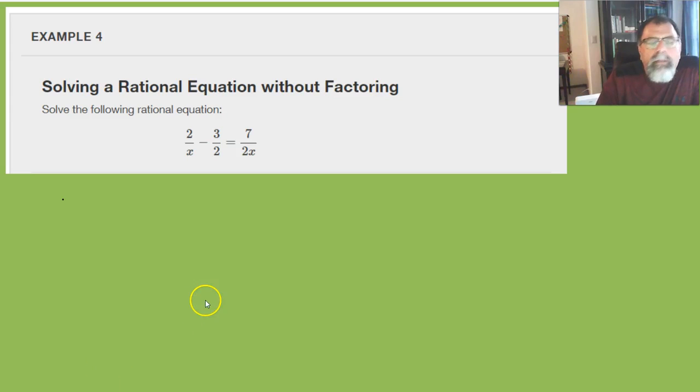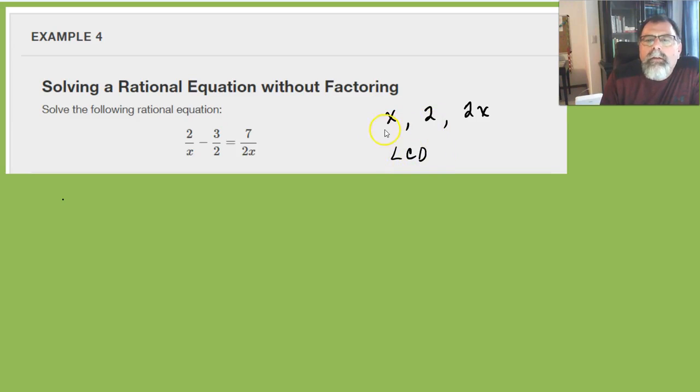All right, let's look at example 4 here. So again, our first step, we want to clear the fractions, right? So we got to figure out the LCD. So we have x, 2, and 2x. And then our LCD, remember, let's start with the numbers.